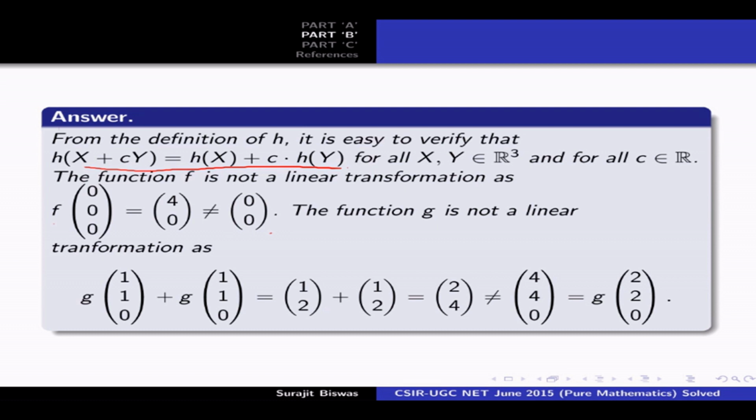Then g of 1 1 0 plus g of 1 1 0 again equals 1 2 plus 1 2 equals 2 4, not equal to 4 4 0, which is g of 2 2 0. So therefore g of 2 2 0 is not equal to g of 1 1 0 plus g of 1 1 0, therefore g is not linear.